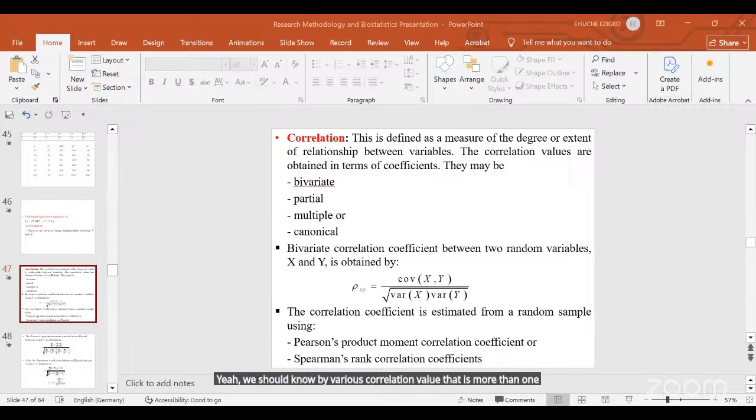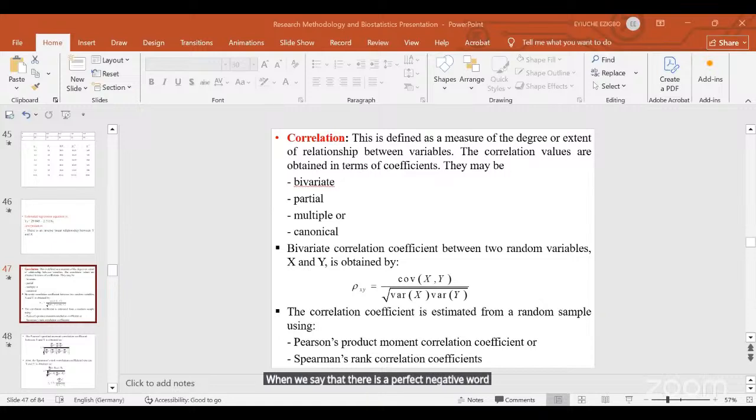There is no bivariate correlation value that is more than 1. And there is no bivariate correlation value that is lower than what? -1. I'm sure that is understood as well. Now we use these values to do what? To describe the degree of the relationship that exists between variables. When it is close to -1, we will say that there is a perfect negative what?